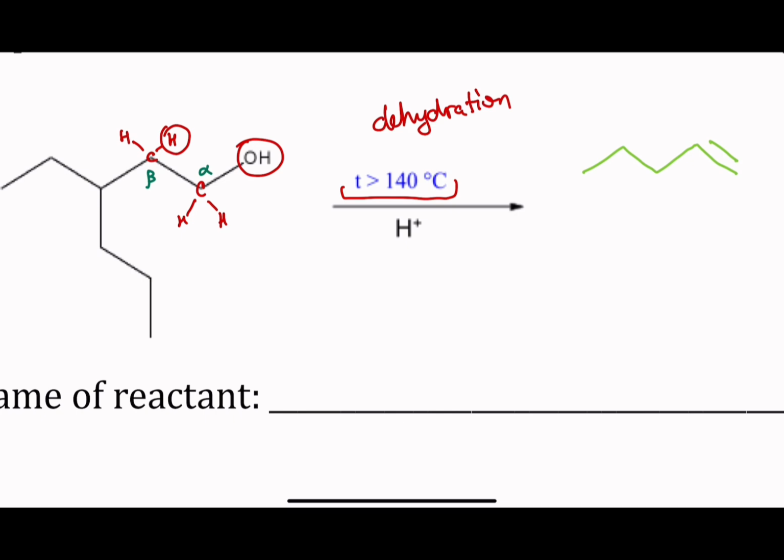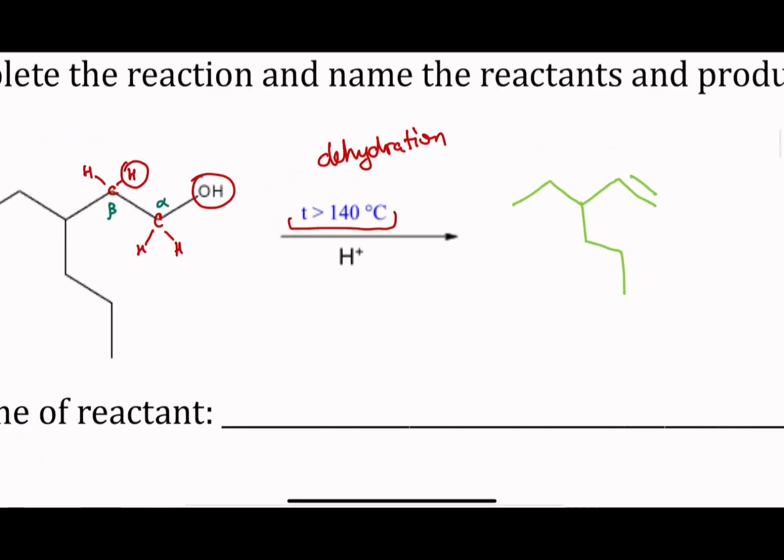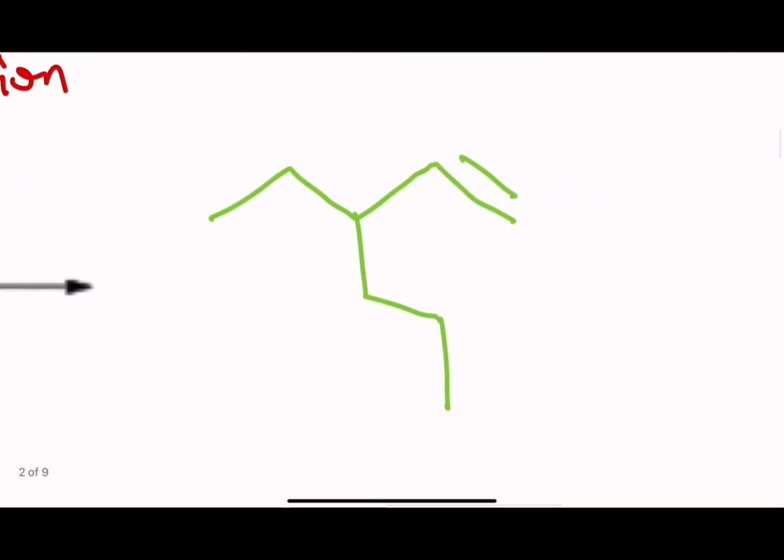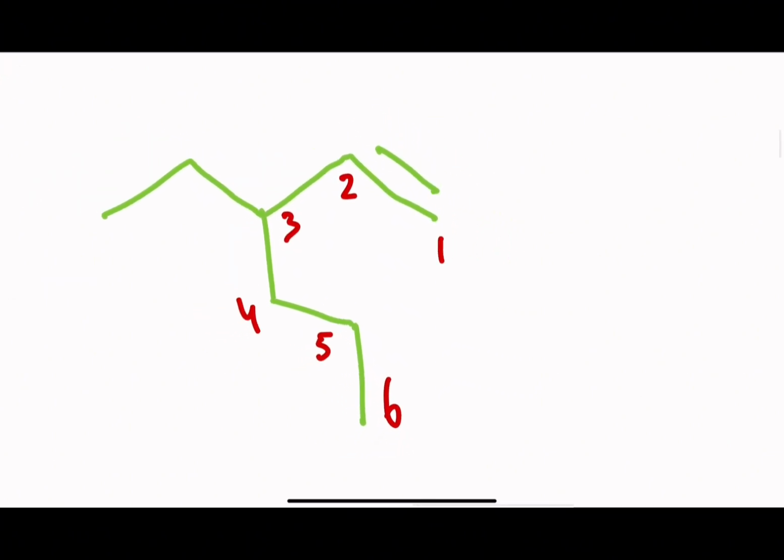If we draw the product, it will look like this. And if you name it, we know that the longest chain needs to be picked for the name. I can see that this is 1, 2, 3, 4, 5, 6, the longest chain of carbons. It has a beginning and end.